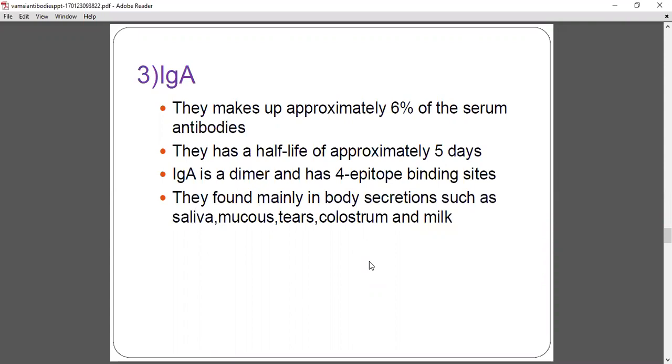So it is thought that since we cannot measure the amount of IgA bound in the mucosa, it might be in higher concentrations than IgG, because we said it was about 80%. Now, protection of the mucosa, all of the mucosas, is the direct responsibility of IgA.